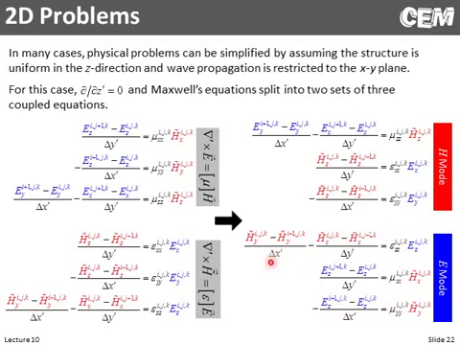So while each of these 3 sets of equations are coupled amongst themselves, no equations from the h mode contain any terms from the e mode, and vice versa. So Maxwell's equations have decoupled into 2 independent sets of 3 equations. So in fact, given a device, we have to solve it twice now to know everything about it. One's for the H mode and one's for the E mode. And why we call them H and E mode will make sense in a little bit.